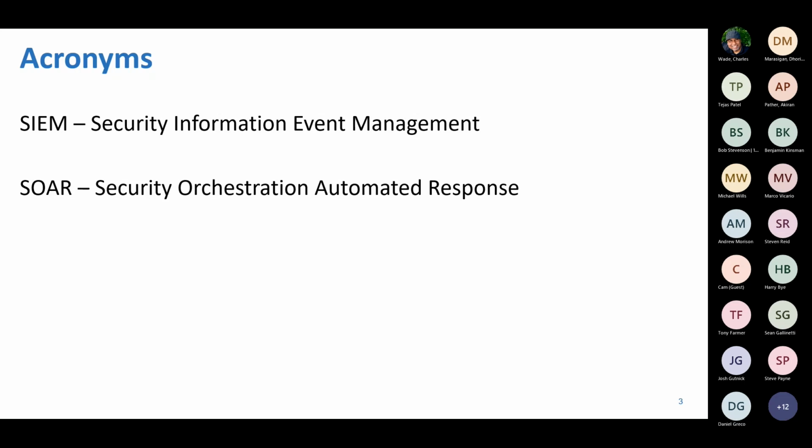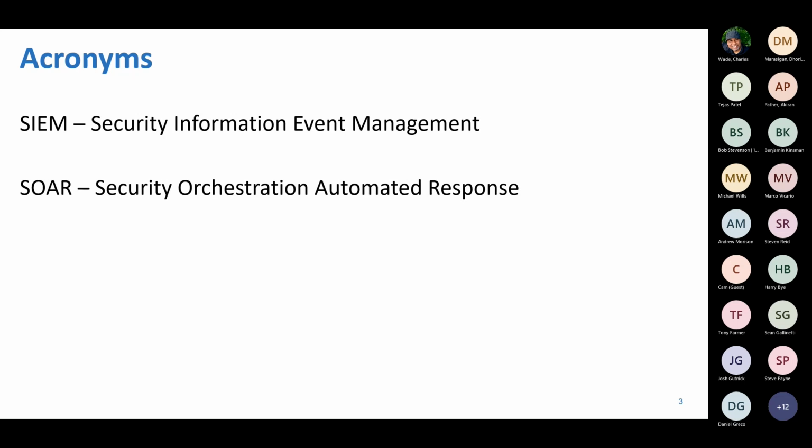So before we begin the session, there are two acronyms that I want to make sure everybody understands, because we'll be using these two terms quite frequently in today's session. The first one is SIEM, Security Information Event Management. And the second one is SOAR, which is Security Orchestration and Automated Response.